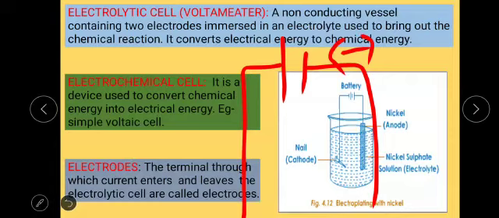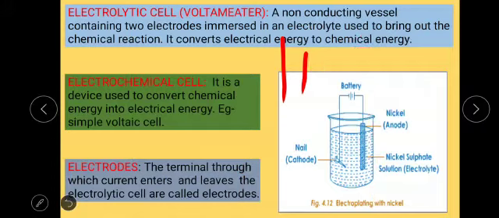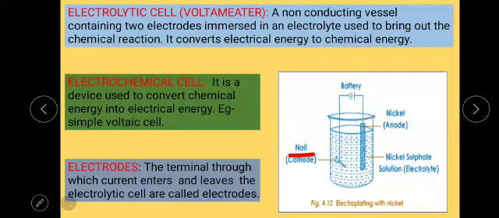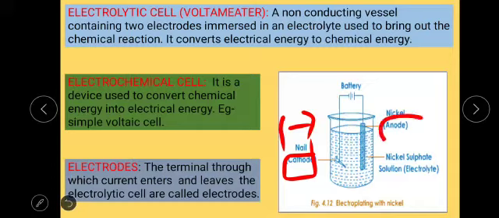And these two terminals through which electricity enters and leaves the electrolytic cell, we normally call electrodes. So the common electrodes are cathode, which is negatively charged, and the second one is anode, which is positively charged. These two terminals we normally call electrodes. I think it is clear for you.